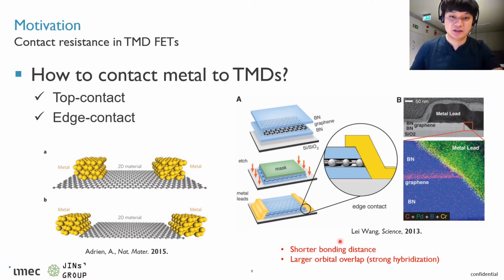An edge contact between graphene and metal was reported in 2013, and it showed a shorter bonding distance with a large orbital overlap, like a strong hybridization. As a result, contact is improved compared to top contact.